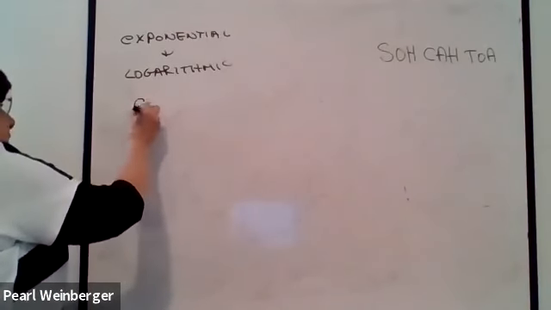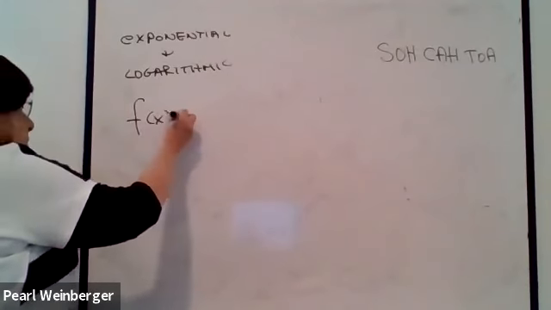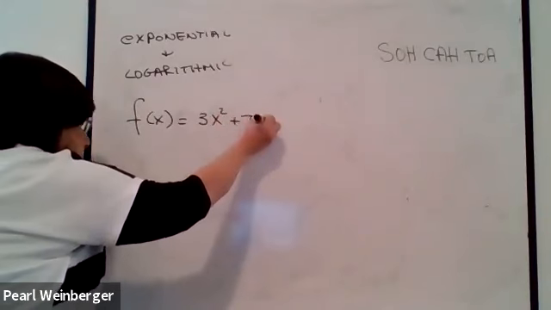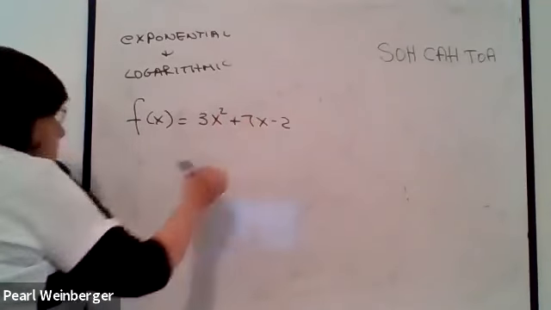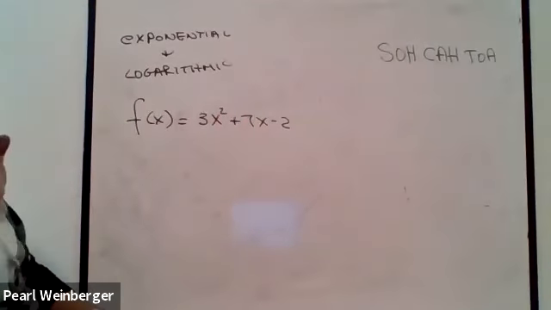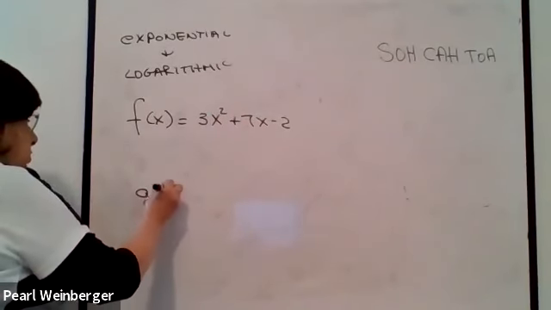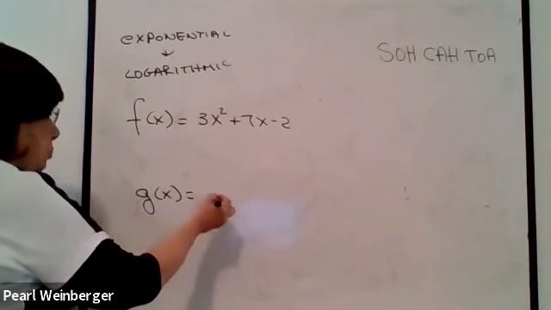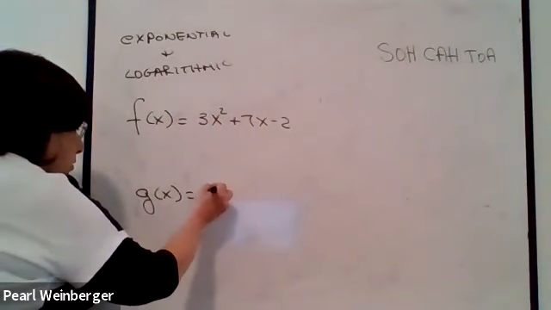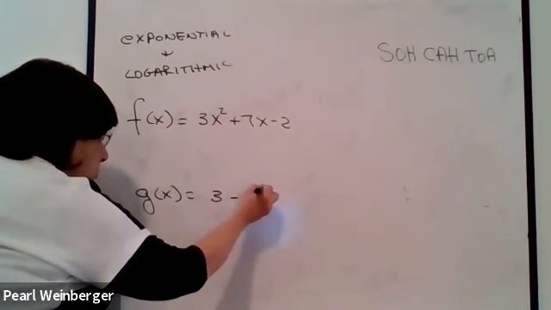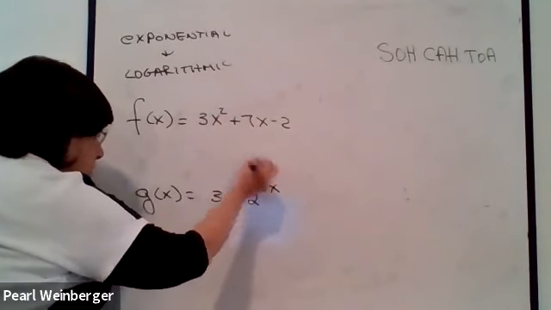One is f of x is equal to 3x squared plus 7x minus 2. That's function number 1. And function number 2 is g of x is equal to 3 minus 2 to the negative x.